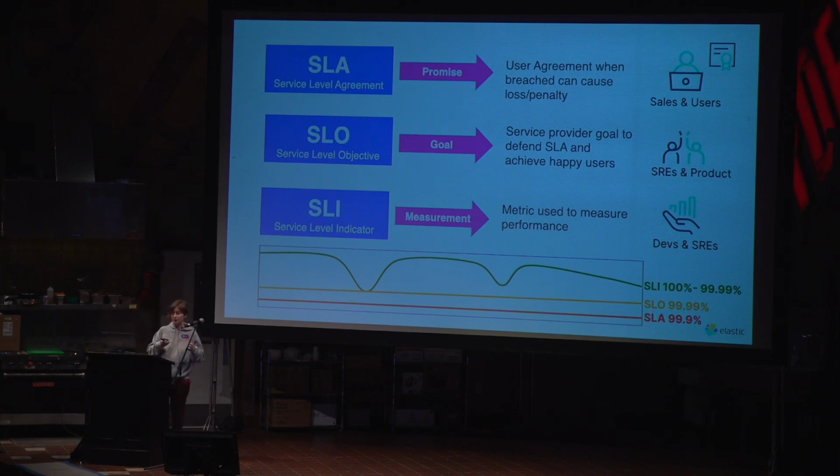And also with the SLOs, the service level objectives, which are the goals, right? The service level provider goal to defend the SLA and achieve happy users. That happens at the level of SREs and product. And the service level indicators are the metrics used to measure performance, at the level of the developers and SREs.